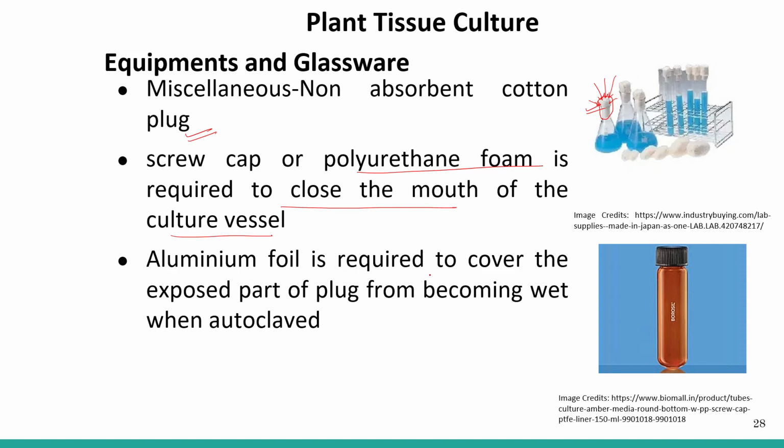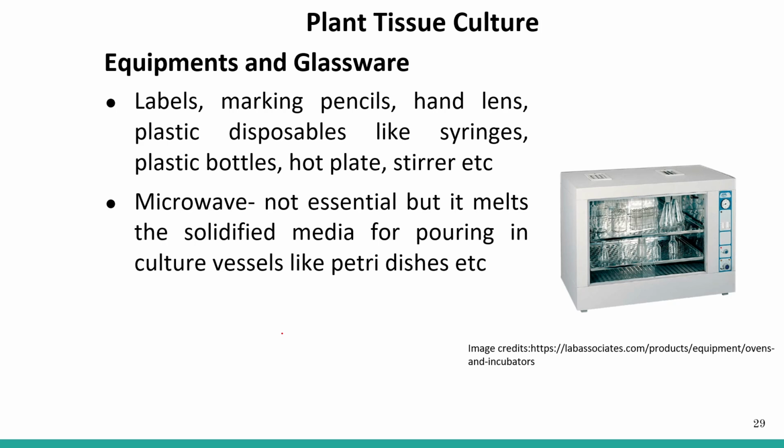Aluminium foil is required to cover the exposed part of the plug from becoming wet when autoclaved. So these are some of the equipments which are also required. Labels, marking pencils, hand gloves, plastic disposables like syringes, plastic bottles, hot plates, stirrer, etc. are required.